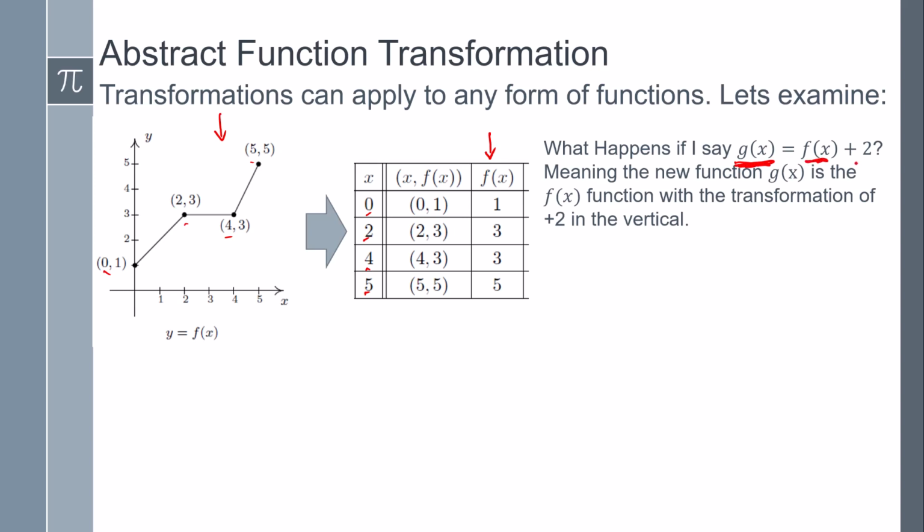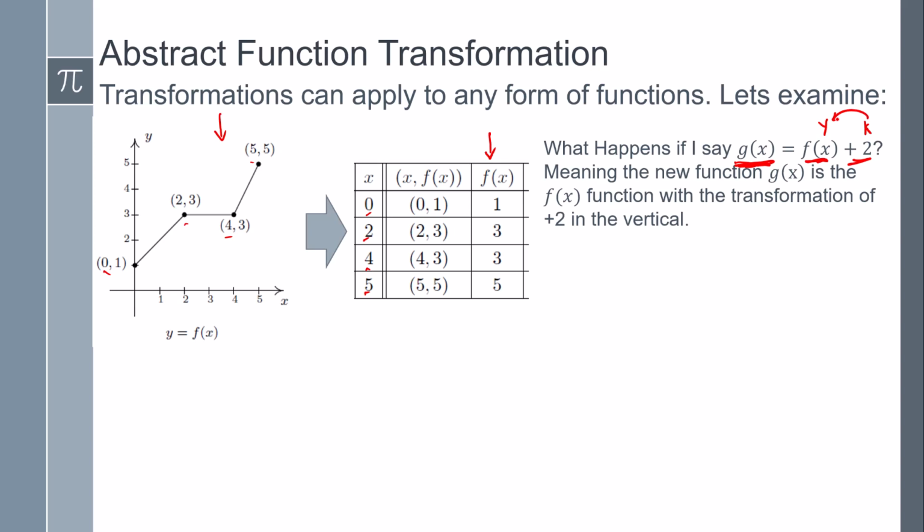Now, what happens if I wanted to transform into a new function by taking my current function and adding a vertical shift to it? So this vertical shift is my k value. Because of that, remember f of x means y, you're adding 2 to all of your y values.